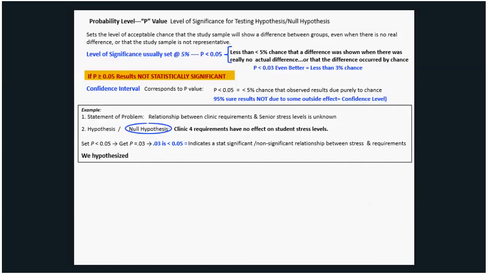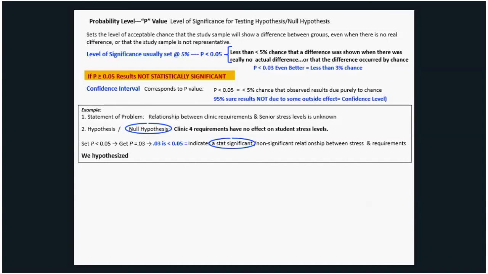If it is greater than or equal to 0.05, then that's telling us there's no relationship between them. So if we've got a 0.03, then we're going to indicate what? Is it statistically significant, or is it a non-significant relationship? We're going to say it's statistically significant.